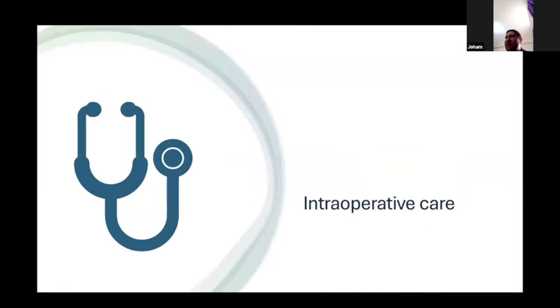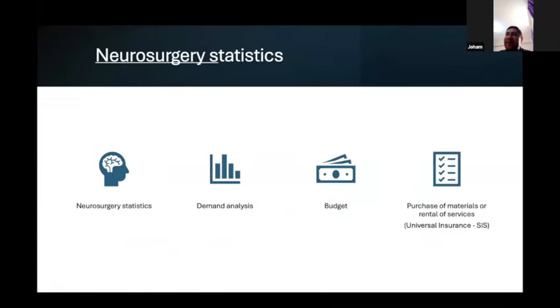Usually the hospital doesn't purchase materials, but rents services. There are a lot of private companies that offer, for example, craniotomes, ultrasound aspirators, any kind of devices, micro instruments, clips. So the hospital by itself doesn't have all these materials.